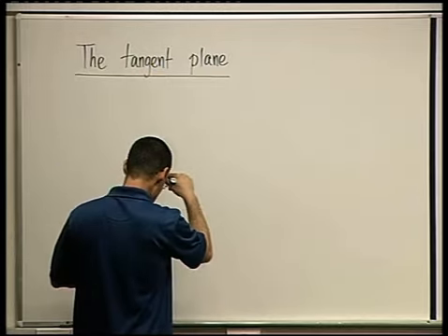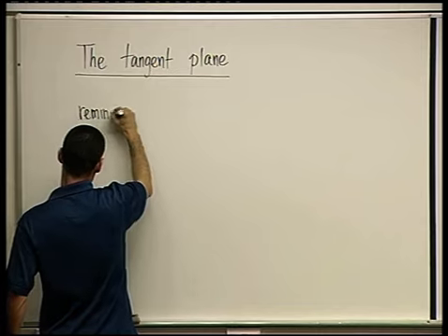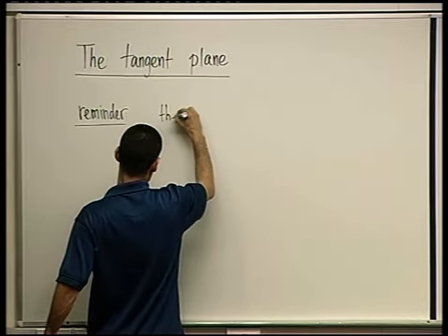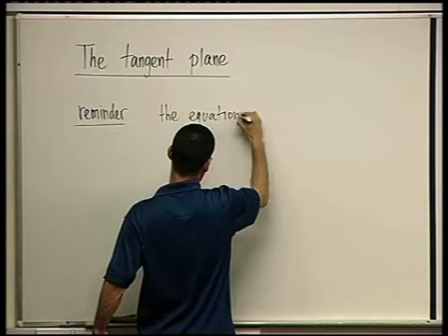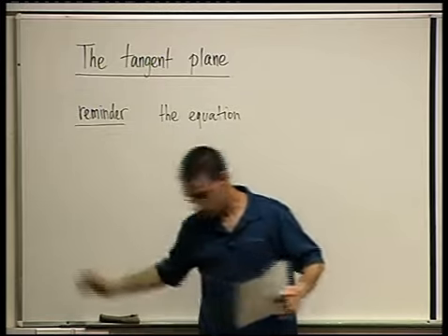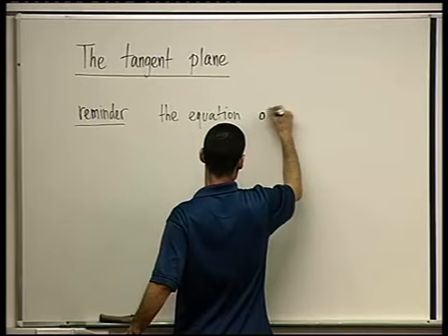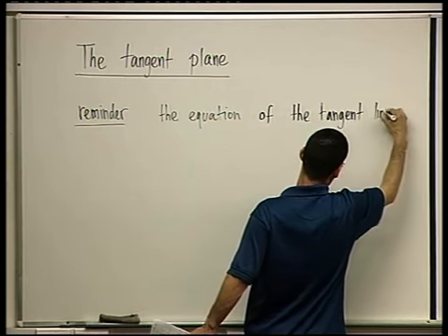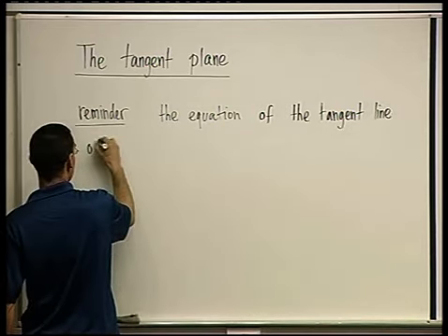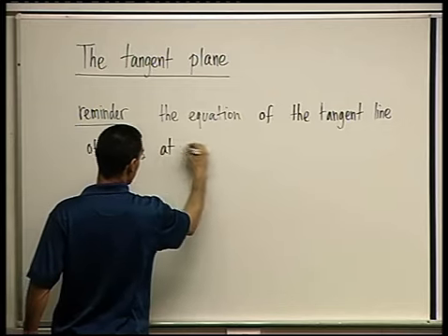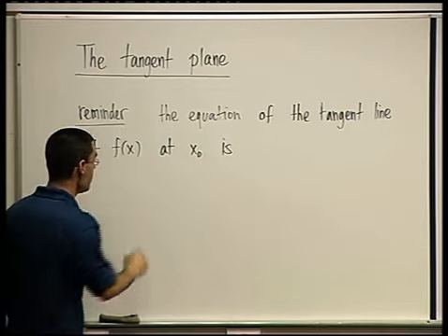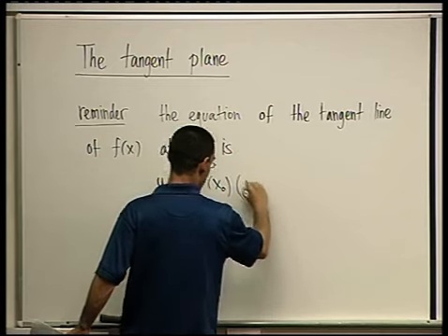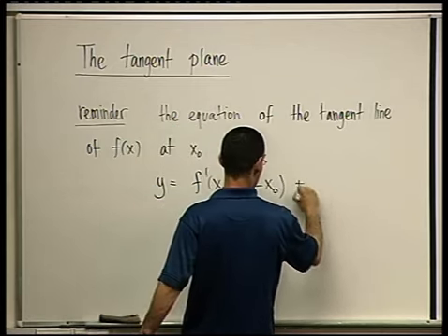So first of all, a reminder from single variable calculus, the equation of the tangent line of f of x, a function of a single variable, at a point x0 is y equals f prime at x0 times x minus x0 plus f at x0.